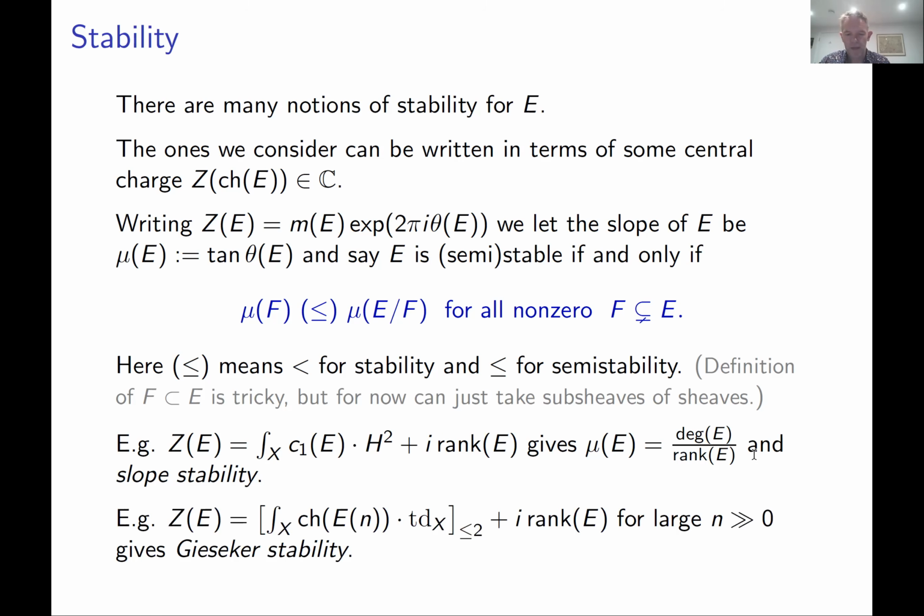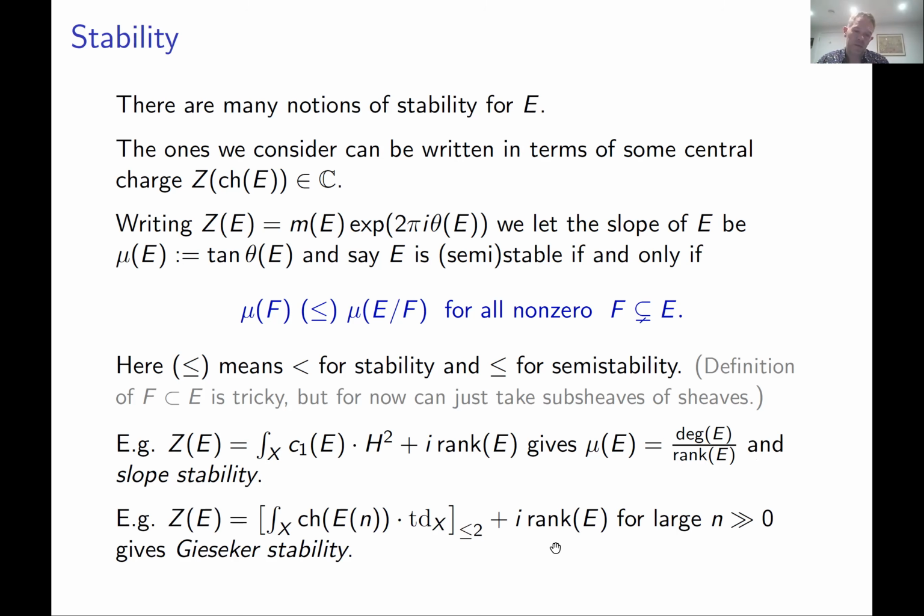And then there's Gieseker stability, which is usually what has better properties for algebraic geometry, forming moduli spaces. And that's given by some formula to do with the number of sections of E twisted up by a large power of the ample line bundle. But again, to leading order, it's given by slope stability, but then to lower orders, the second Chern class of E comes in and so on.